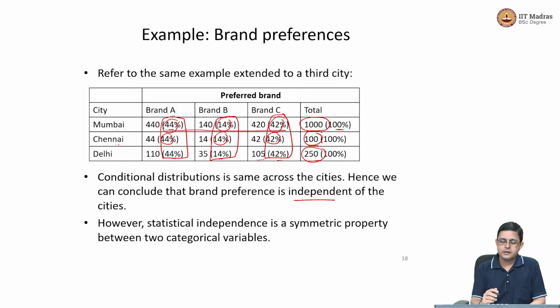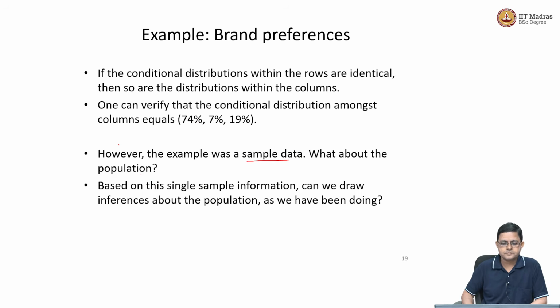Does the conclusion extend to the population, which is essentially inferencing? Can I infer about the population from this sample? In that case, simply looking at conditional probabilities may not be sufficient. We may have to look at something more.